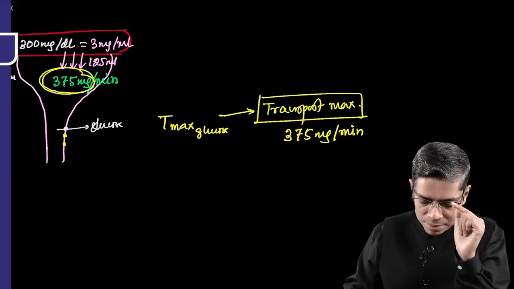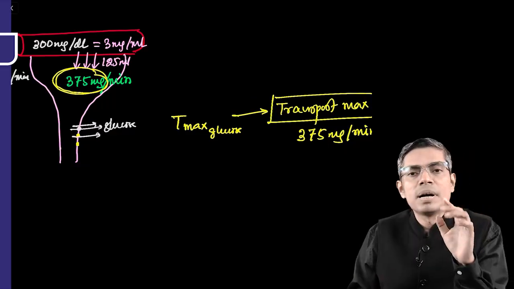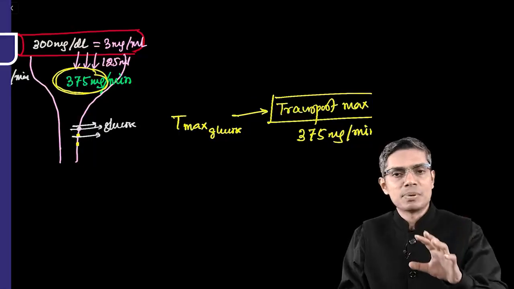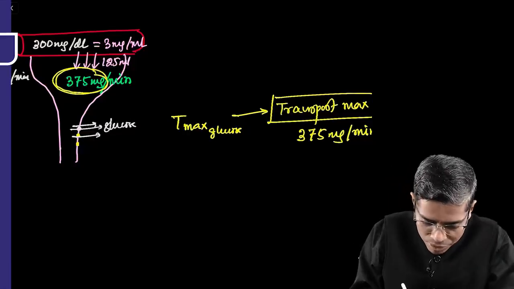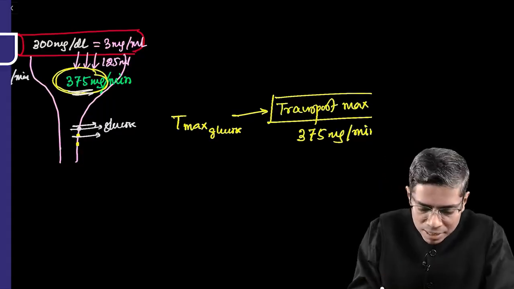So what is transport maximum? It is the maximum amount of glucose that can be reabsorbed by the proximal tubule, known as the transport maximum of glucose. How much is that? It is 375 milligram per minute with respect to this tubular load. So 375 milligram per minute means what is the blood level of that glucose?